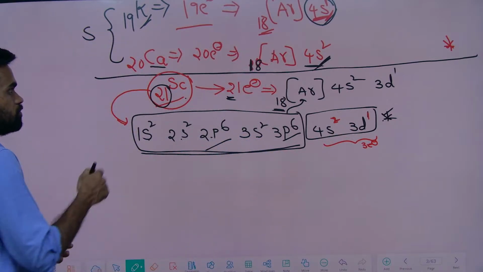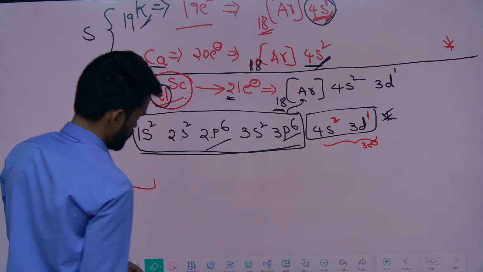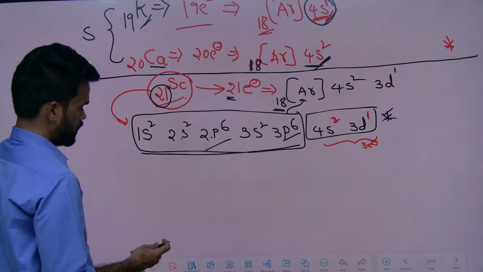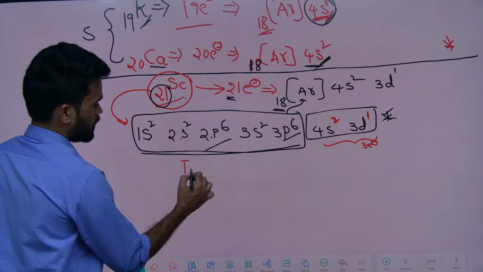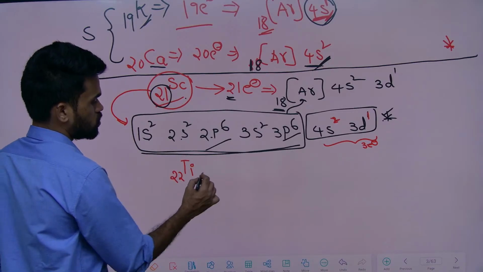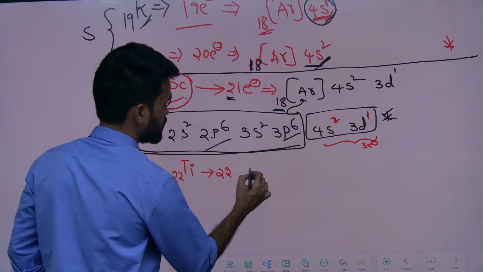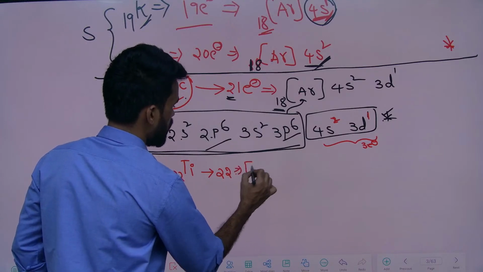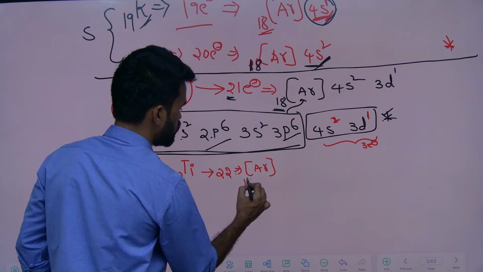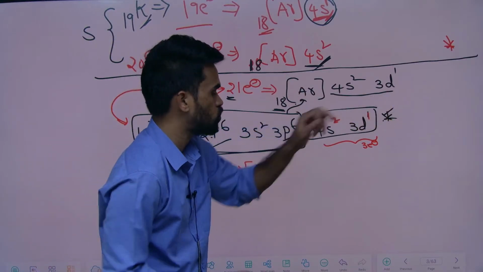Next, after scandium we have titanium, which is 22. I will tell you some tricks also to write the electronic configuration, no worries. So 22 means argon first, argon 18 is over. After argon 18, what are the 2 orbitals we have?